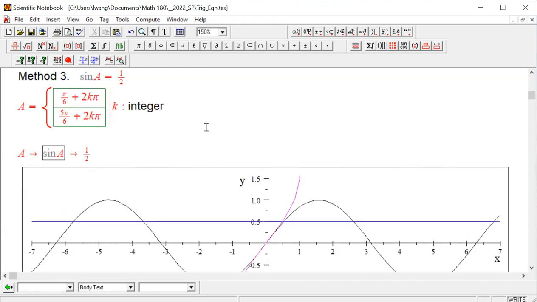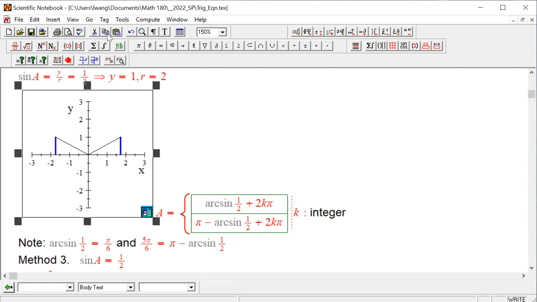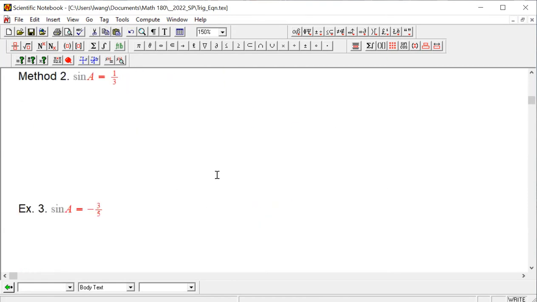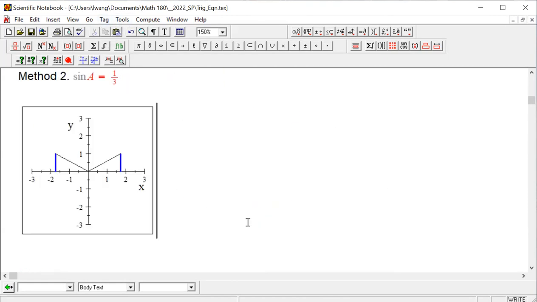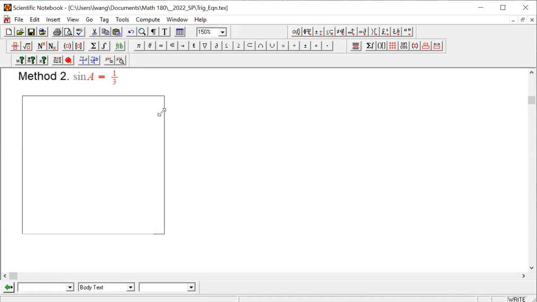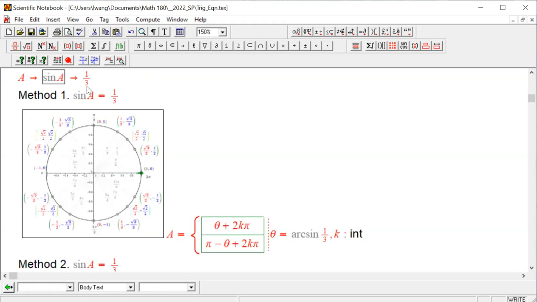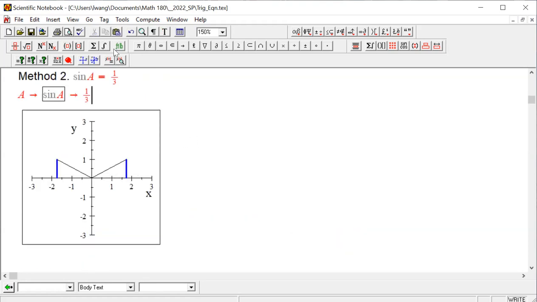2. Method 2, very similar to what we did earlier. So I'm just going to bring that picture over here. It's going to be the same picture. It is really the same picture. The only thing you need to think of is that the blue bar is 1 and the hypotenuse is 3.